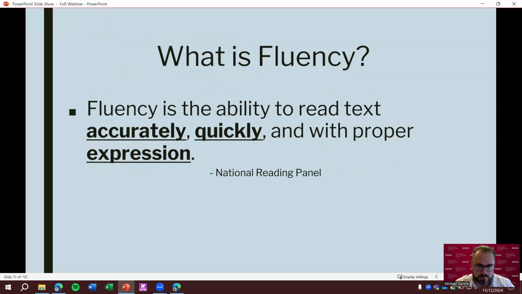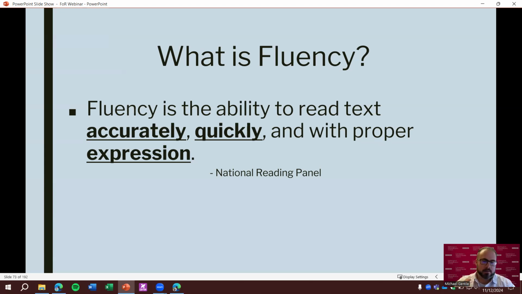So what is fluency? Fluency is a combination of three things. It is the ability to read a piece of text accurately, meaning you don't make errors, quickly, and with proper expression. And when we say expression, what we mean is when we speak, our voice goes up and down in pitch, and it has certain pauses, and we choose to emphasize different parts of the sentence for clarity.